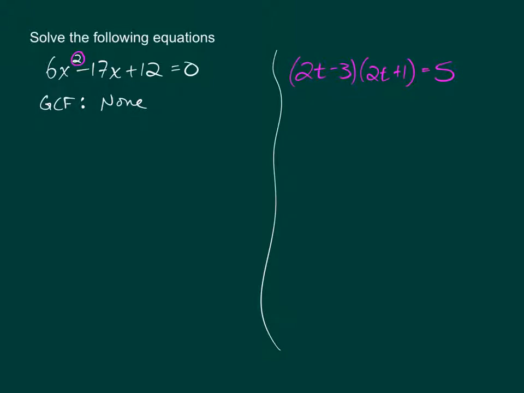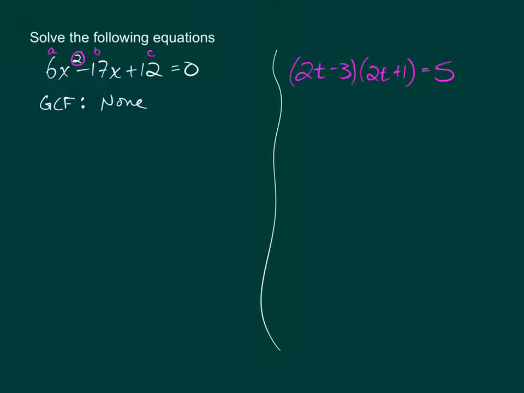What you want to do next is to run through a little checklist about the methods you know for solving quadratics. The first and the most efficient way would be to solve a quadratic equation by factoring. And if you're trying to factor, you will need to know what a, b, and c are.